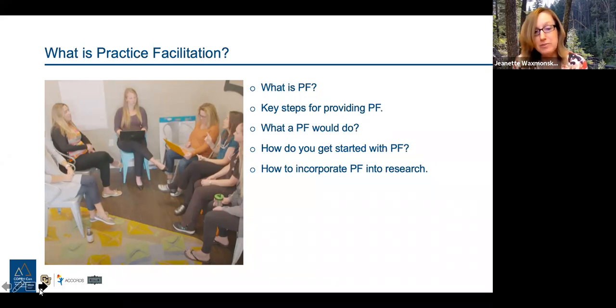So you set clear expectations, and you need to help the practice work on a plan to collect data and reporting, and help with communication between providers or the practice and the researchers, and then provide ongoing support.